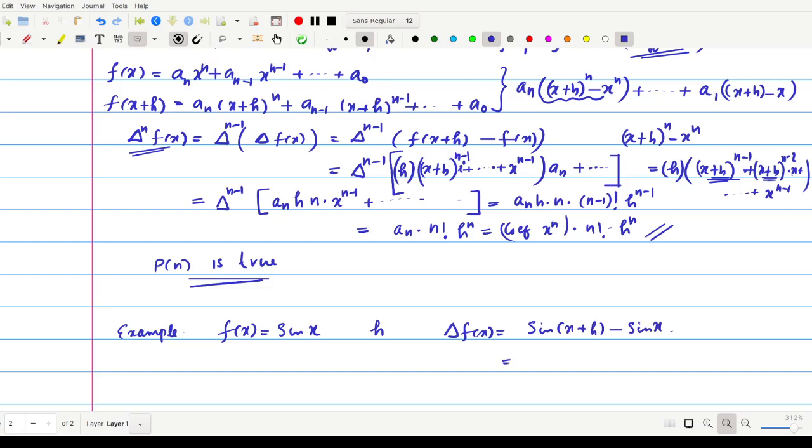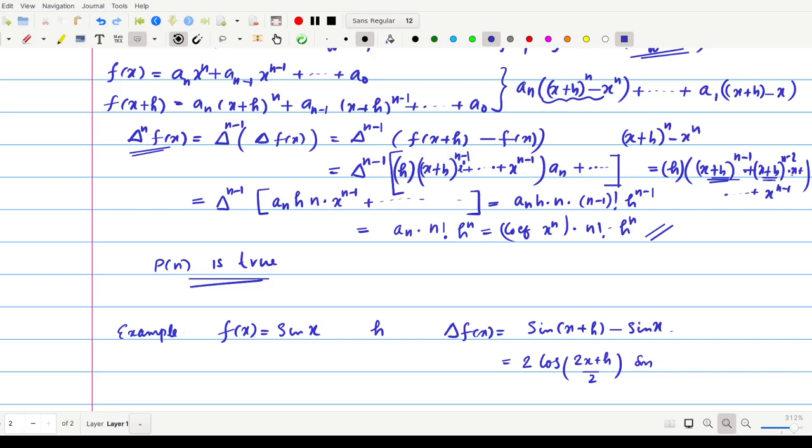So using the sin C minus sin D formula, you can simplify this. We know that sin C minus sin D is equal to 2 cos((C plus D) by 2) sin((C minus D) by 2). So we write this as 2 times cos of (C plus D) by 2, that is (x plus h plus x) by 2, which is (2x plus h) by 2, and the other term sin((C minus D) by 2).